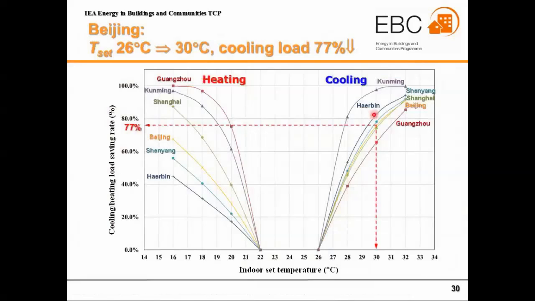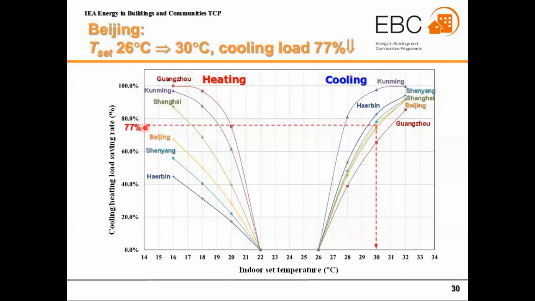Okay, almost finished. The final two slides. One is we do the estimation for the energy saving potential, if the indoor temperature changes from 26 to 30 degrees. So in most cases we can use natural ventilation, and the air conditioning energy consumption, the cooling energy, will reduce by 70%.